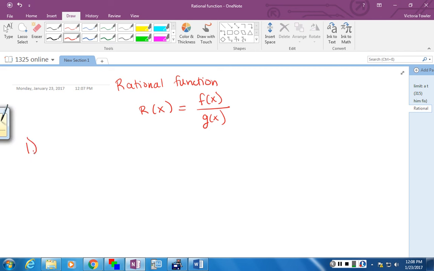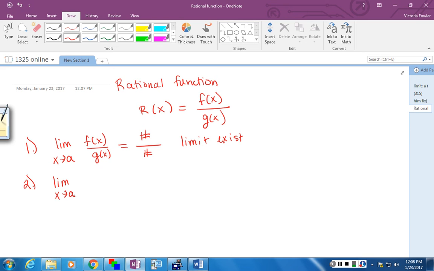The 3 cases would be, let's say x is approaching a value of a for our rational function, and my initial inclination is to plug in that value of a into the numerator and denominator. Well, if it evaluates to a number in the numerator, and it evaluates to a number in the denominator, I can actually tell you that the limit will exist. Okay, I don't know what it is quite yet. I haven't given you an example necessarily at this point, but I can say that there's a limit that exists.